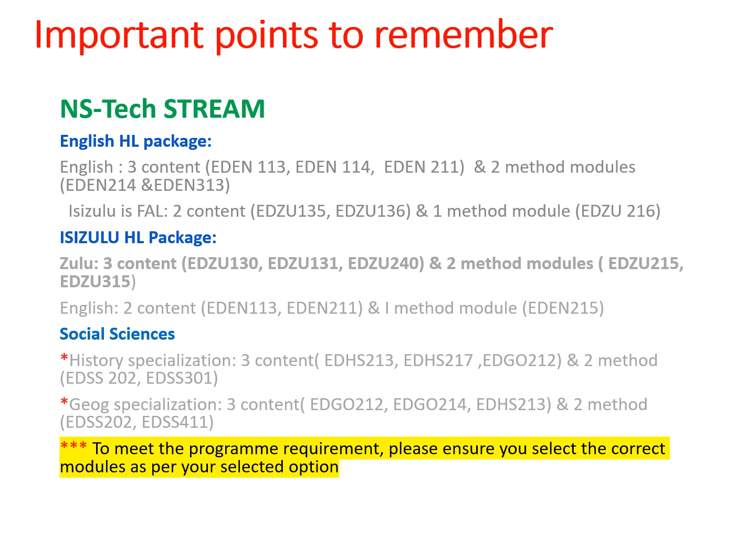It also reflects the modules that you have to do for social sciences. Within the social sciences, you may opt to either focus on a history specialization or a geog specialization, and we explicitly state the modules that you must complete for each of the selected specializations.